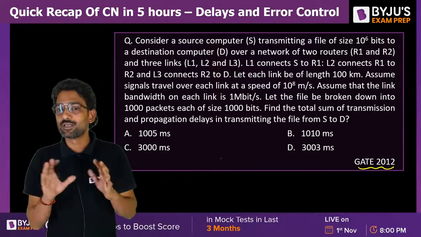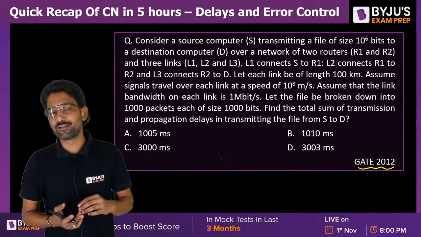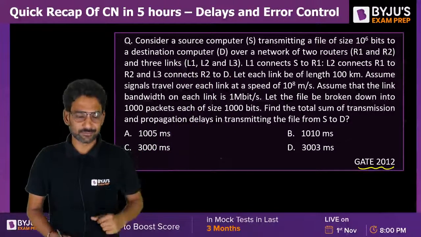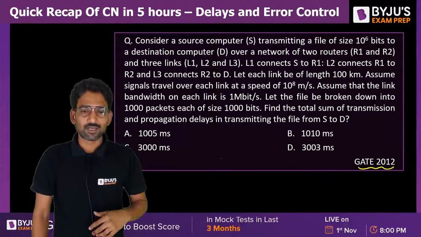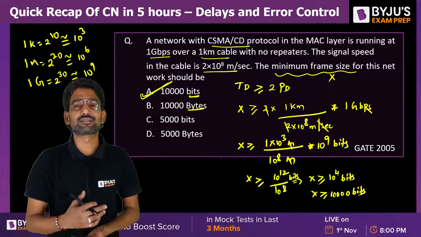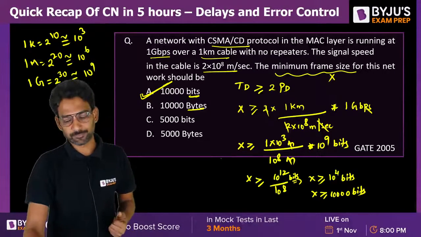So here you can't apply the TD greater than or equal to 2PD formula. That is applicable for networks that follow that standard, that technology. Anita, yes, it is 1250 bytes, but we don't have 1250 bytes in the options, beta. So it is 10,000 bits only.